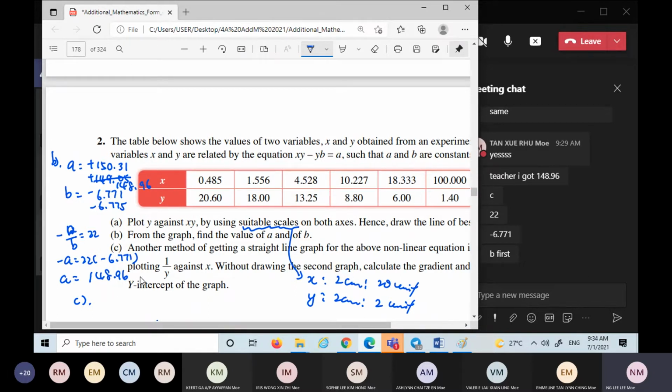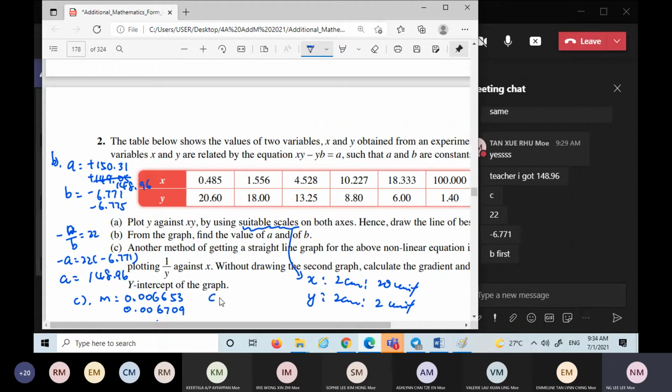My students' answer for the gradient, for the gradient, is 0.006653. 4 significant figures. Some get 0.06709. The book is 6690. 6690 is in between. So you check and see whether your answer is in between this range or not.